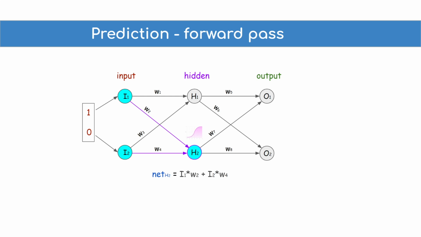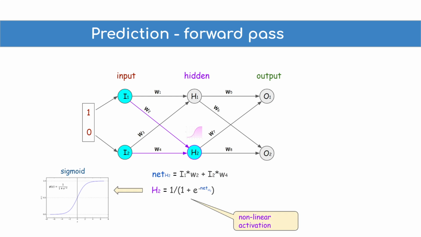There are plenty of activation functions we can use in neural networks, and the results depend on what type of activation function we are using for specific neurons. In this case, it is sigmoid. So it's 1 divided by 1 plus e to the power of minus the net value of the specific neuron.